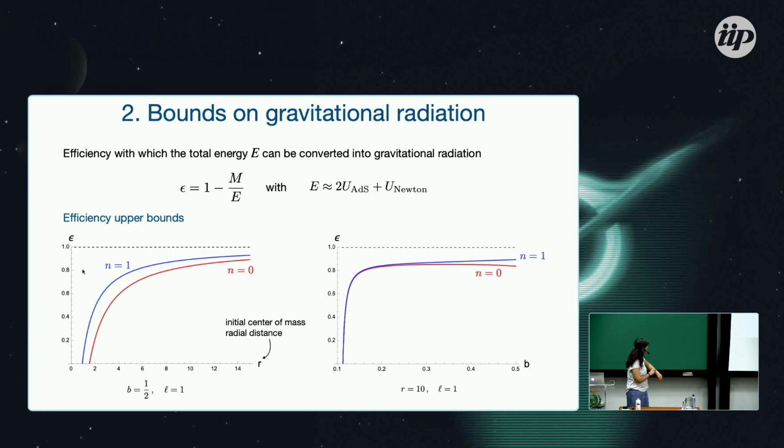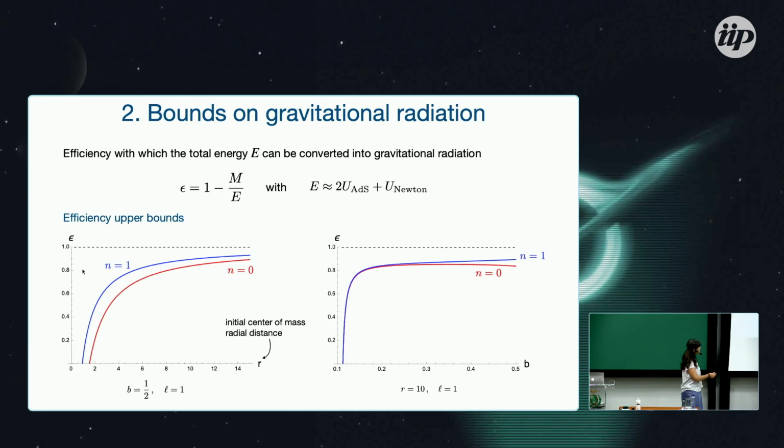This can be rephrased equivalently as a bound on the amount of gravitational radiation that can be emitted, or the efficiency with which we convert the initial total energy into gravitational radiation. This is a plot of the upper bounds on the efficiency, the one coming from n equal 1 and the one from n equal 0, for some fixed temperature as a function of the radial distance, or for a fixed radial distance as a function of the temperature.